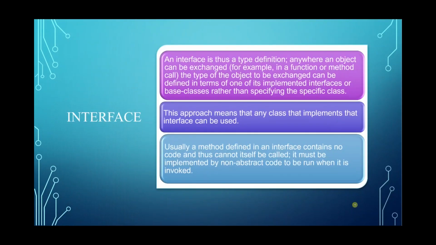So let's start talking about interfaces first. So an interface is thus a type definition. Anywhere an object can be exchanged, for example, in a function or a method call, the type of the object to be exchanged can be defined in terms of one of its implemented interfaces or base classes rather than specifying the specific class.